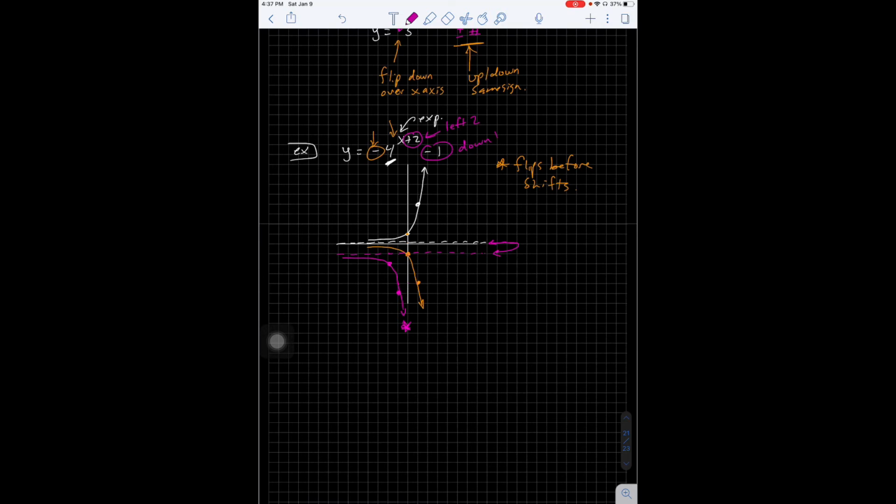Okay. Now, homework problems are also going to ask you about domain on this. So domain on all exponentials is always all real numbers. Why? Because there's no vertical asymptotes. There's no restrictions in this direction, like it doesn't stop here. Even though it looks like it might, this graph right here keeps going up and to the right forever.